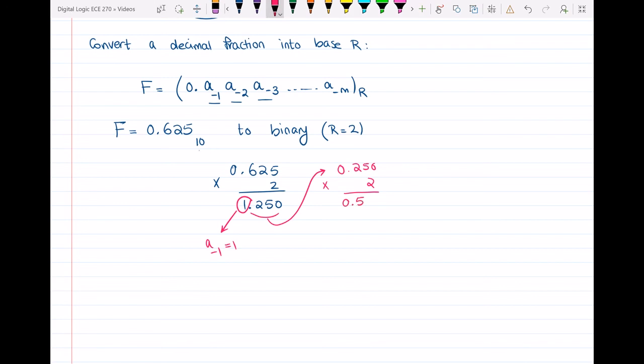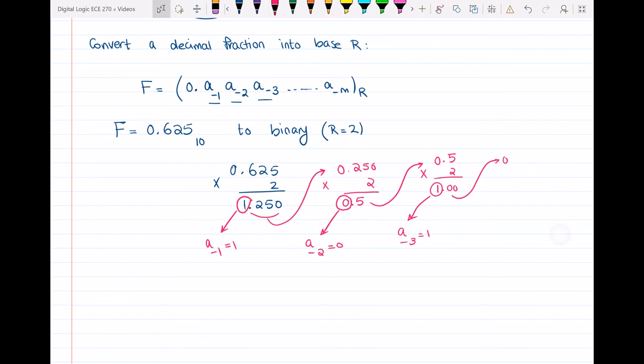So I'm going to get 0.5. So as I said, the integer will be the digit that I'm looking for, and then I'll take the fraction up there, multiply it by 2, and that will give me 1. So this 1 will be my a minus 3. Okay, and then I have 0 left. So if I multiply 0 by anything, I'm going to get 0, right?